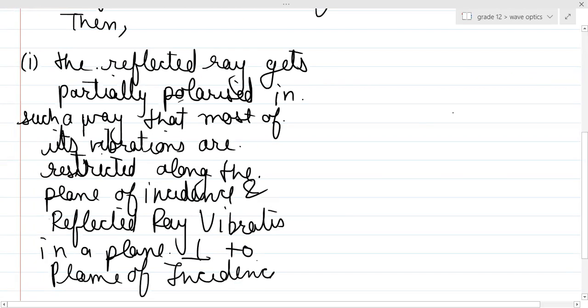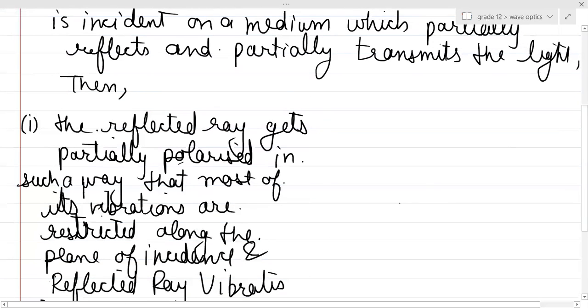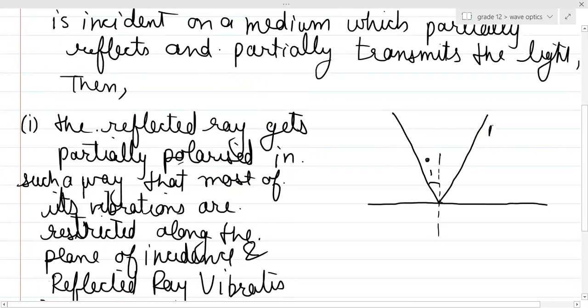So it means that suppose I have a surface over here which partially reflects and partially refracts as well. Suppose I have a light like this. Can you see, guys, I have incident it at a certain angle, so a part of this light gets reflected.